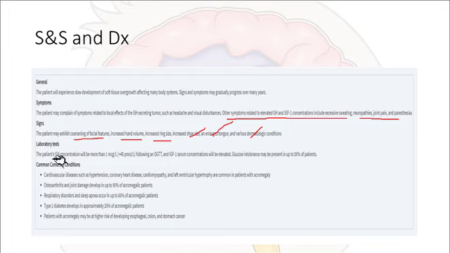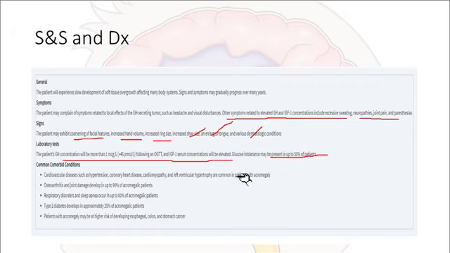The laboratory testing is that the growth hormone concentration will be greater than 45 picomoles per liter or greater than 1 microgram per liter following an oral glucose tolerance test, and insulin-like growth factor 1 concentration will be elevated. Glucose intolerance may be present in up to 50% of patients.